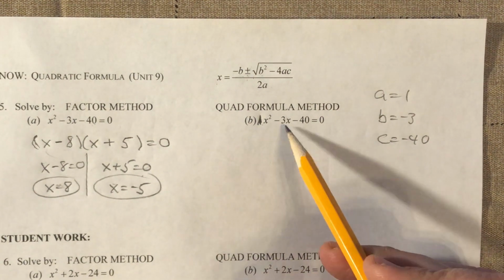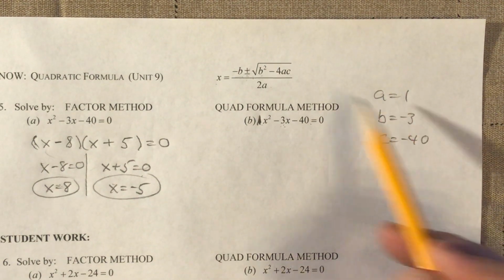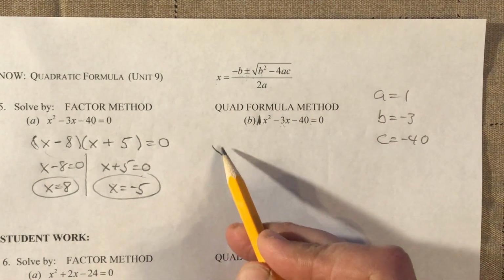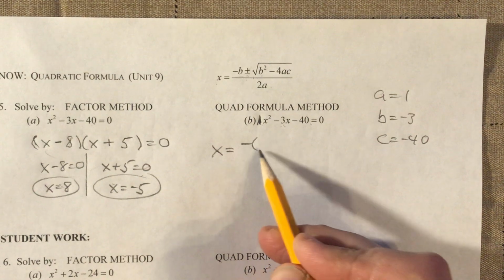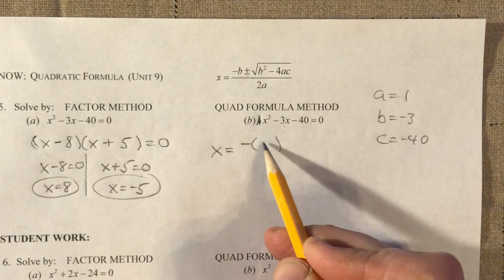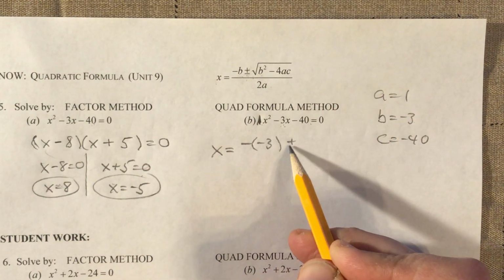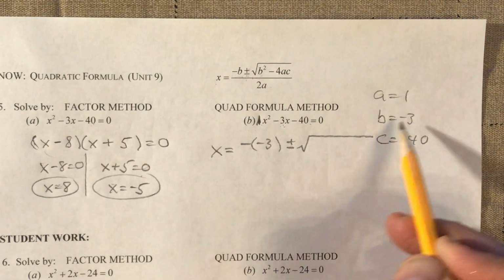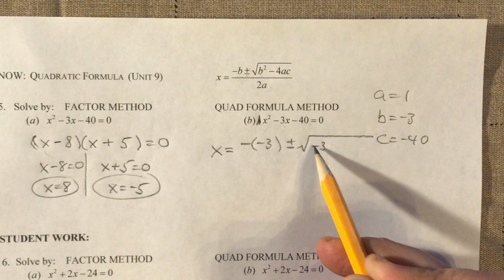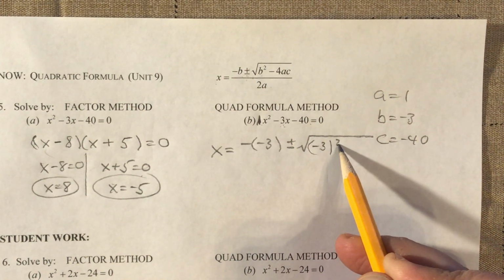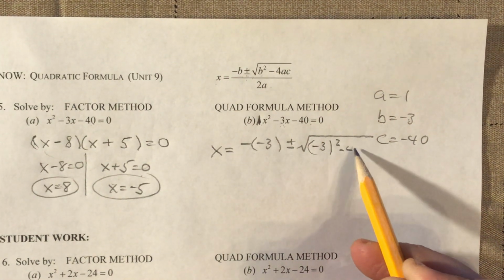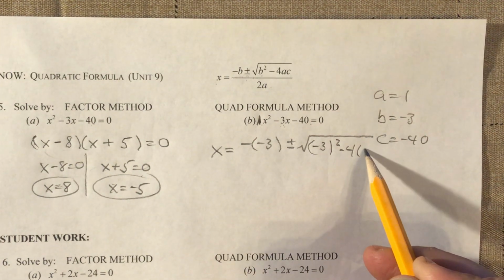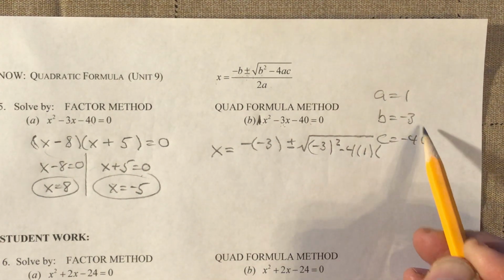There's my A, there's my B, there's my C. I'm going to put those numbers into this formula. x is equal to negative B. What is B? Negative 3. I got this plus or minus the square root. B squared, negative 3. Be careful here, square it. Put it in parentheses. Minus 4 times A times C.